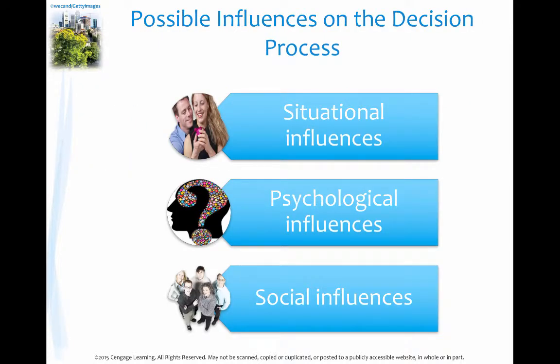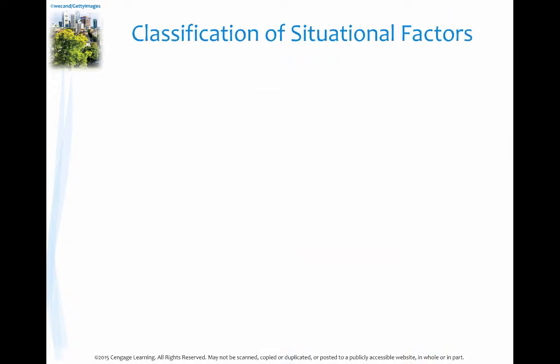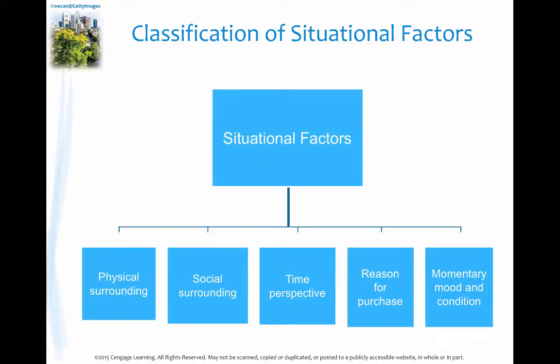3 major categories of influences affect the consumer buying decision process. They are situational, psychological, and social influences. Situational influences are external circumstances or conditions existing when a consumer makes a purchase decision. Situational influences include surroundings, time, reason for purchase, and the buyer's mood and condition.